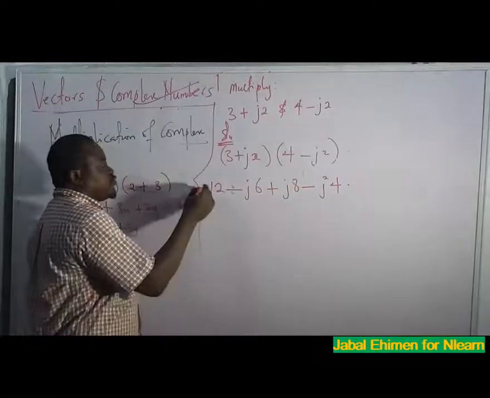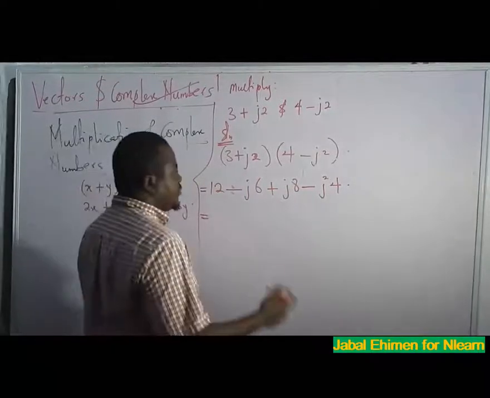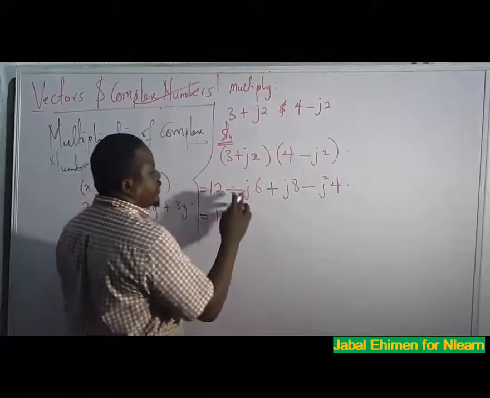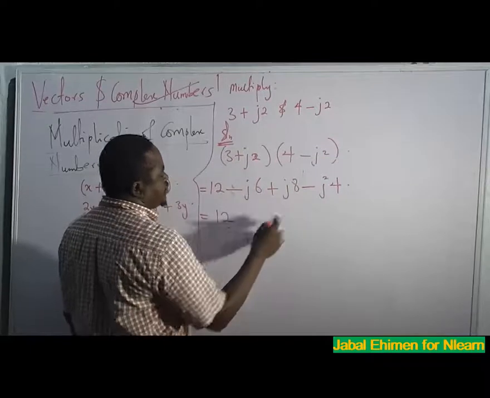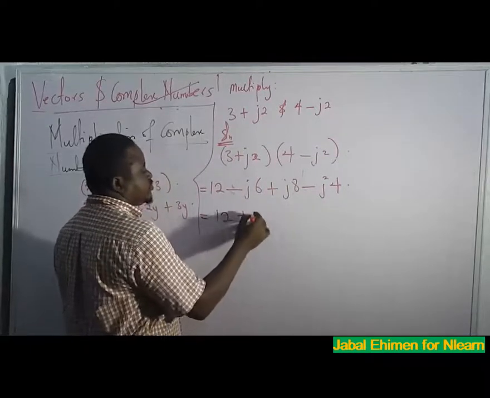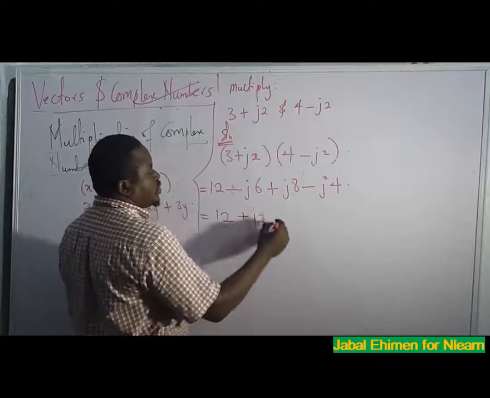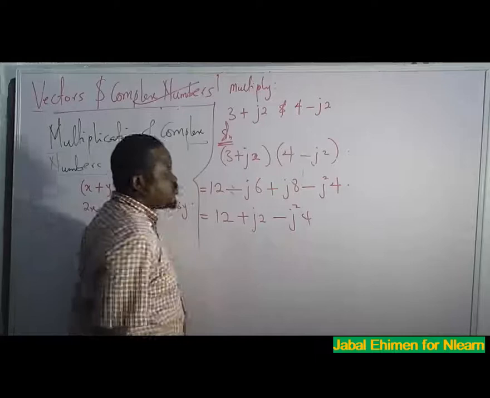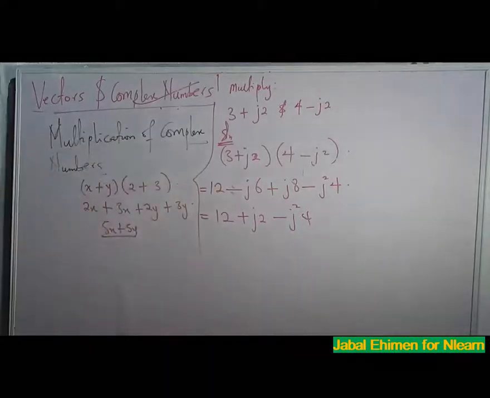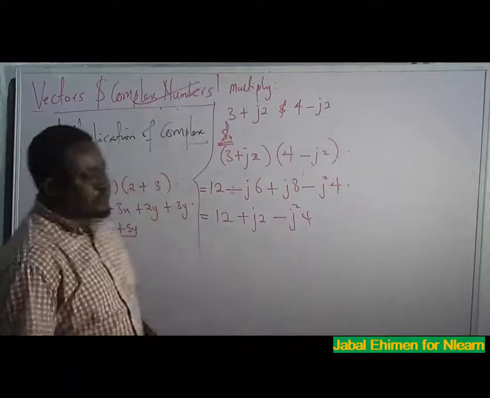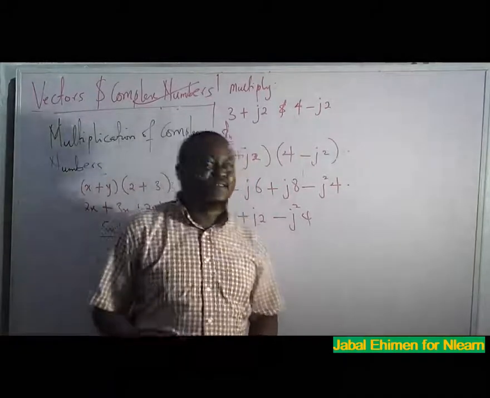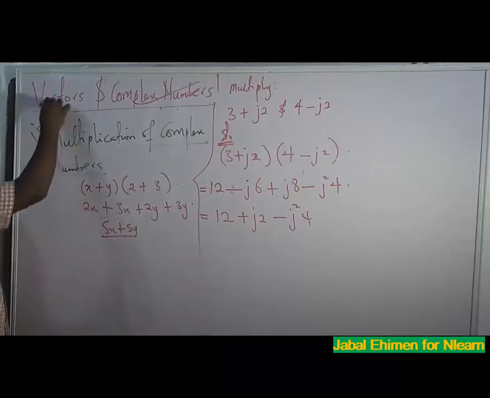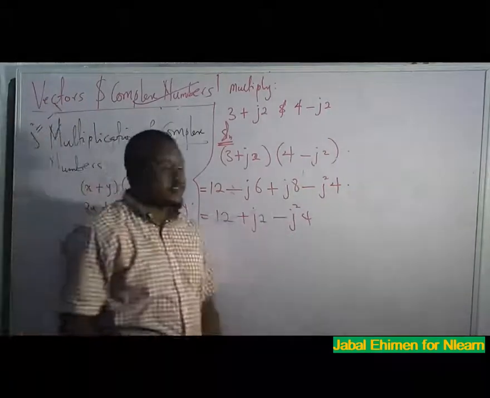Now it's simple enough to take out values and say, okay, good. We have 12 minus J6 plus J8. That will become plus J2. But out here is a different case entirely. J squared 4. If you remember from the powers that we considered, J squared gave us minus 1. So wherever you see J squared, it's the same value as minus 1.